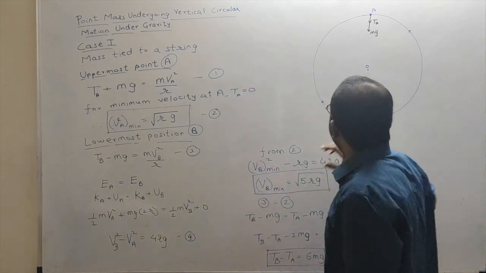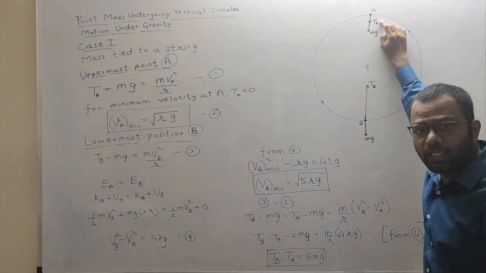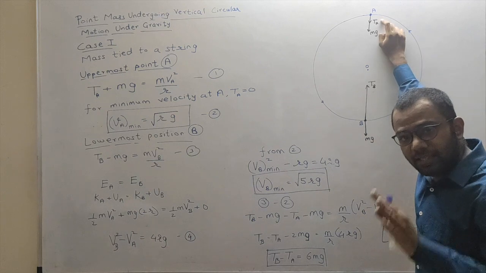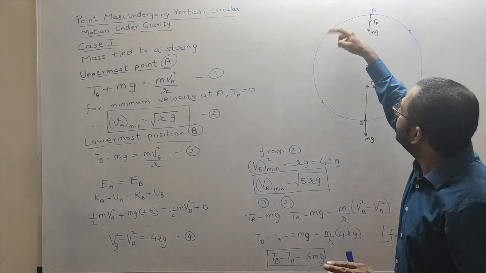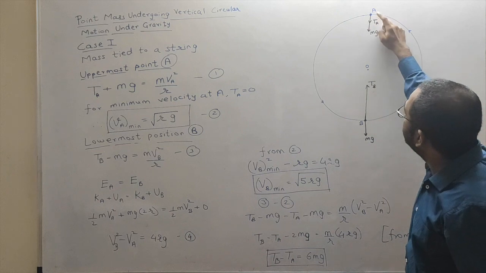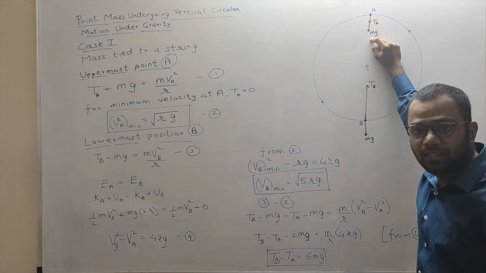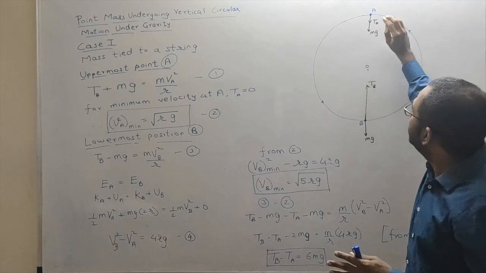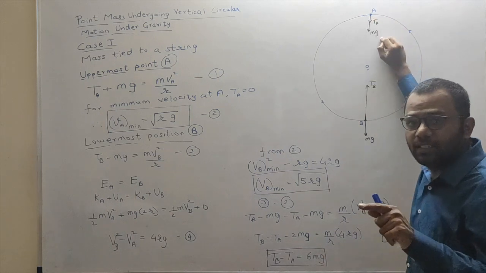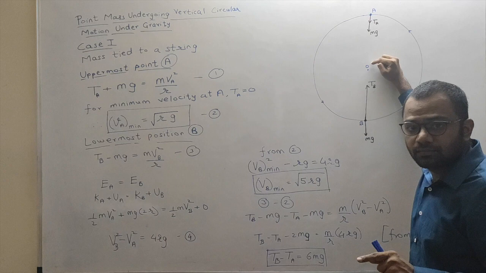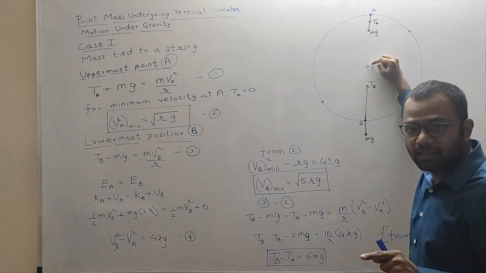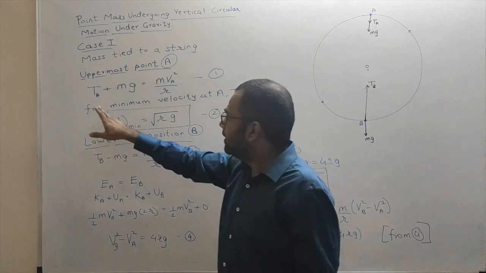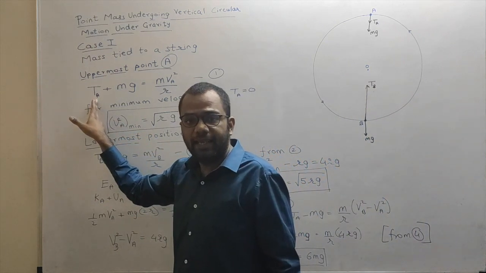Even if the tension in the string at this position is 0, there can still be circular motion. Why? Because I still have a force, that is mg, that can act as the centripetal force towards the center along the radius. So for the minimum condition, we are going to take TA as 0.